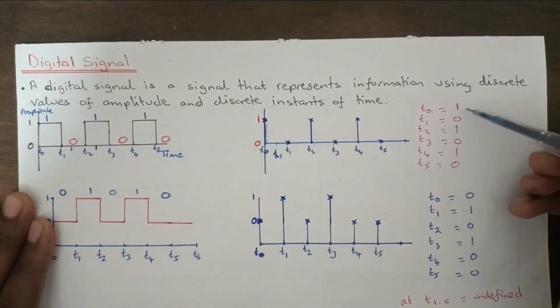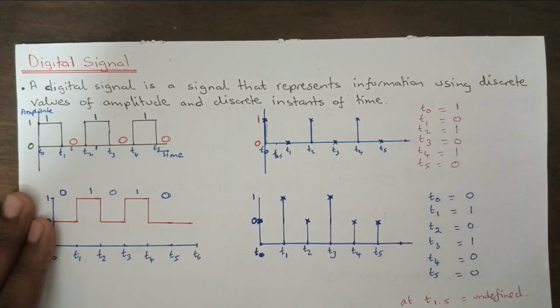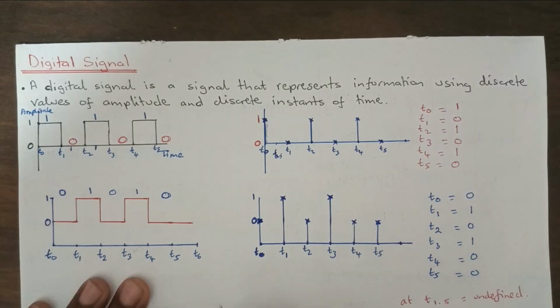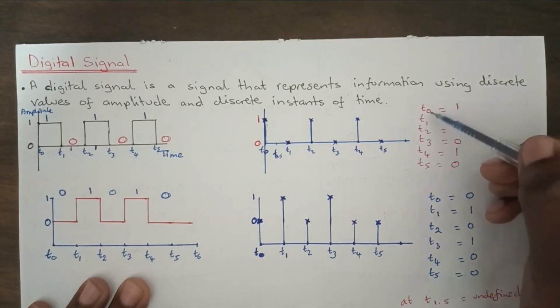Written here, t0 equals 1, t1 equals 0, t2 equals 1. So you can see that at each instant of time, we have got a discrete value of amplitude. At t0, we have got a discrete value of 1.